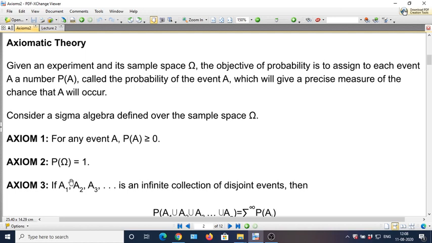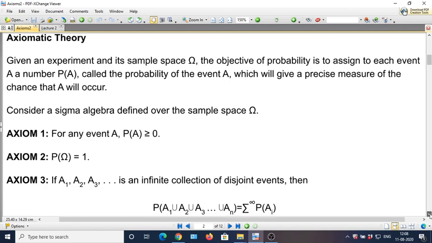In the third axiom, we will generalize the idea that if there are two events A1 and A2 which are disjoint, then the probability measure of their union is the sum of the probability measures of A1 and A2. That result can be generalized for an infinite collection of disjoint events.